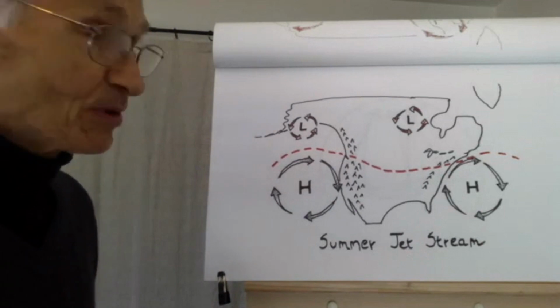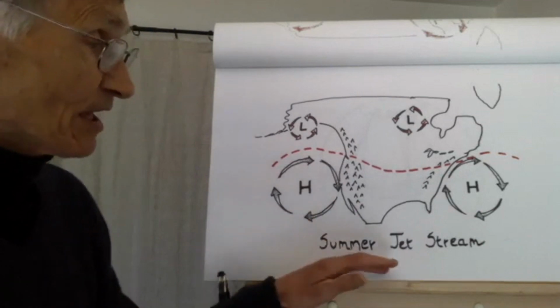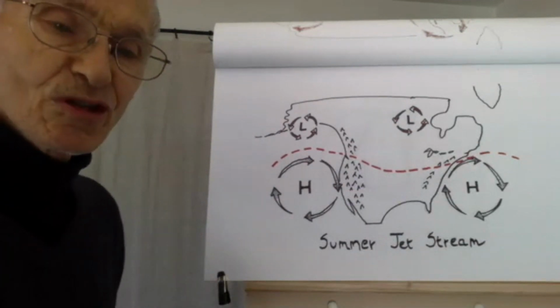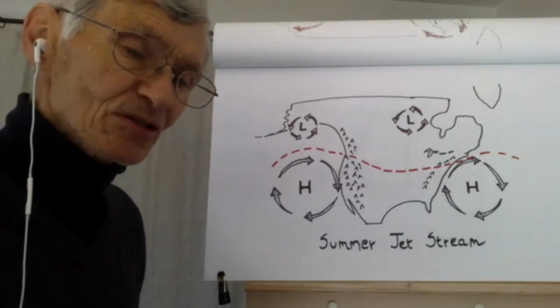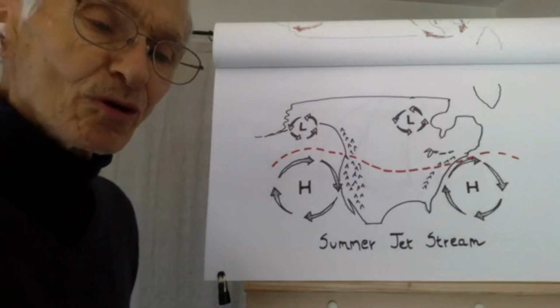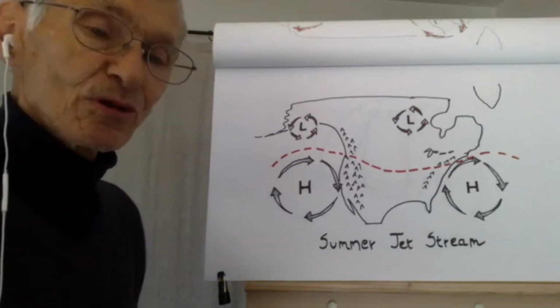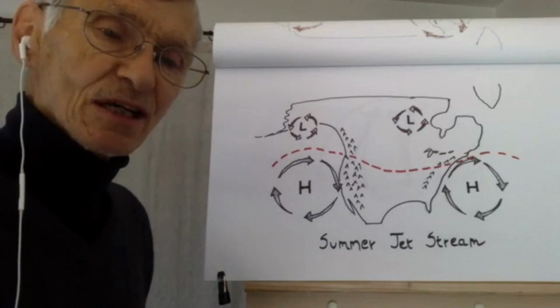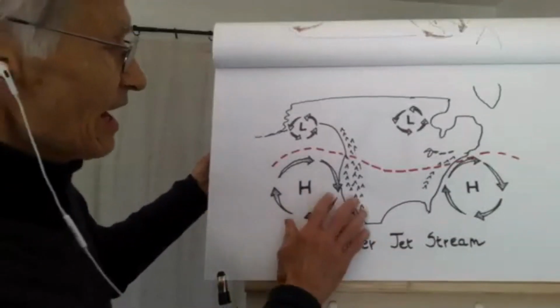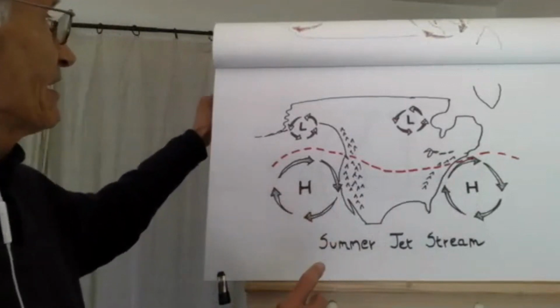It's a little complex, but for now, we could say this is the mean path of the summer jet, which gives you frontal passages every several days where you get a little thunderstorm or maybe a big thunderstorm, and that's the thing that allows you not to have to irrigate when you're out there. So it's because the summer jet has this kind of steady state.